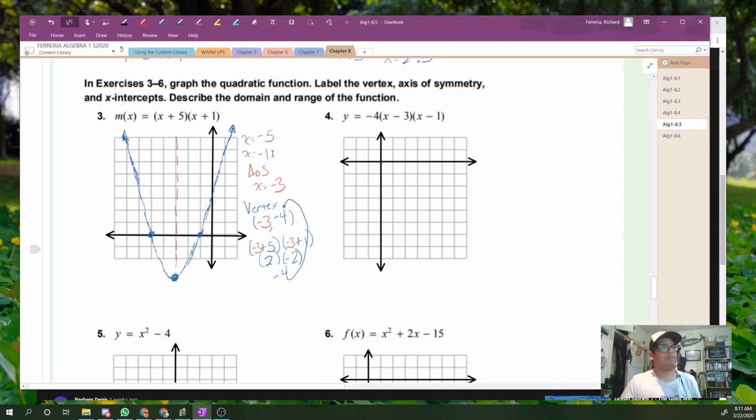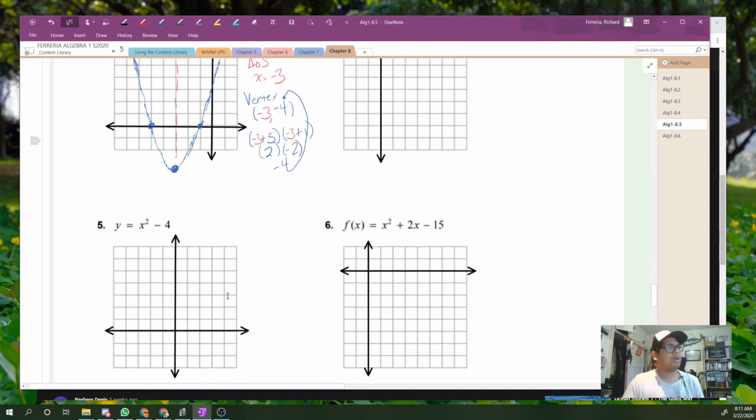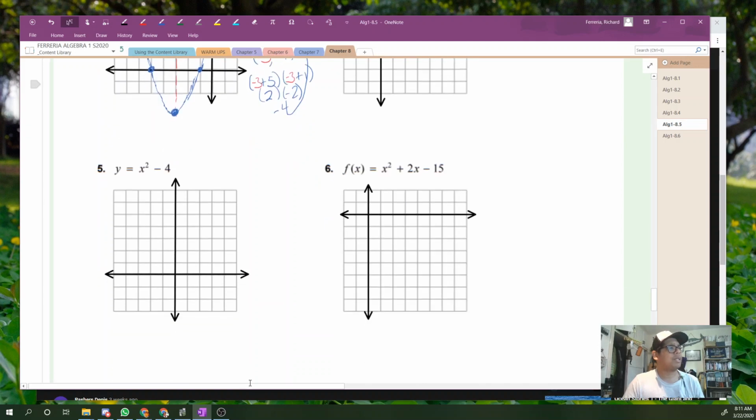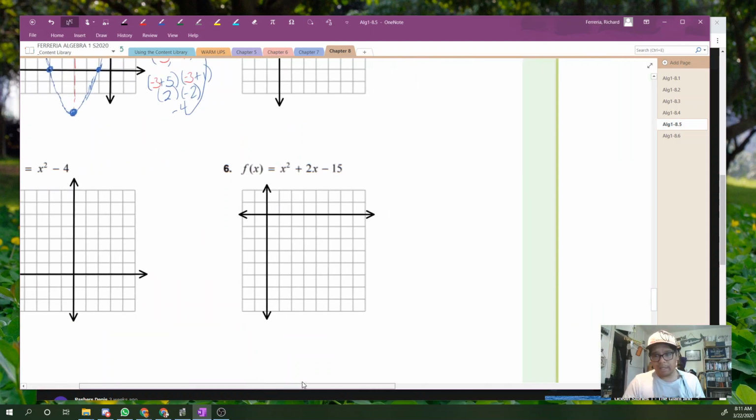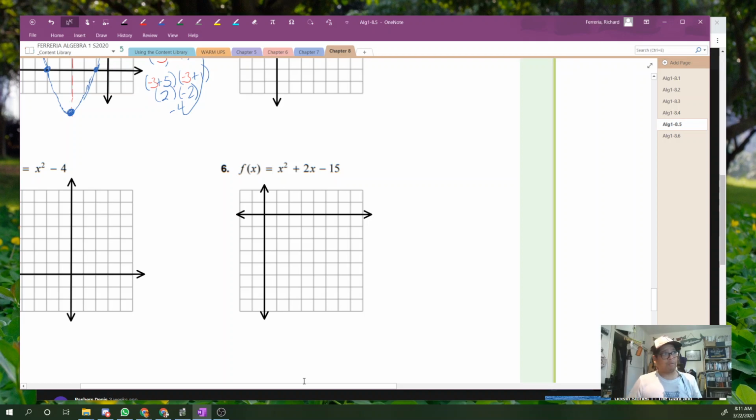Let's take a look at number 4. We'll do number 4. No, let's go on to number 6. I think you've had enough of these ones. Number 6. This one is not in factored form. So you could spend your time going ahead and doing what we did in the last section. Notice you have a negative 15 here, plus 2.